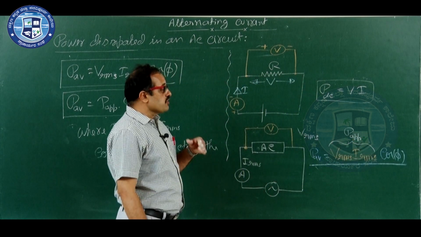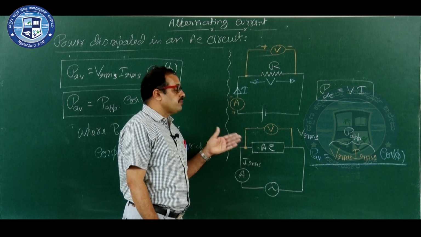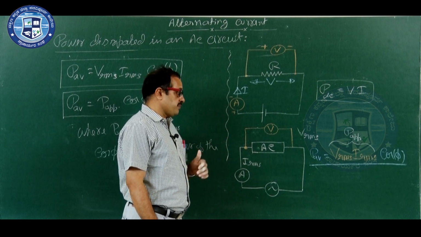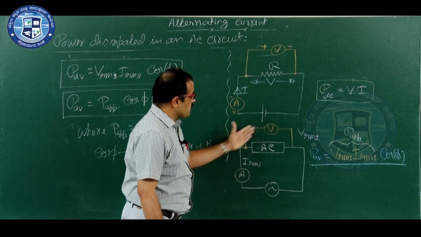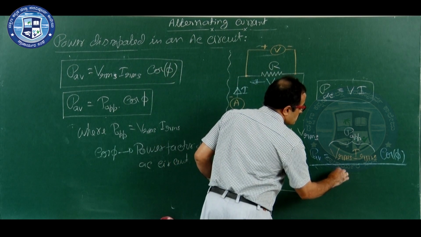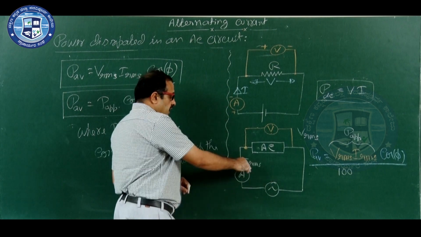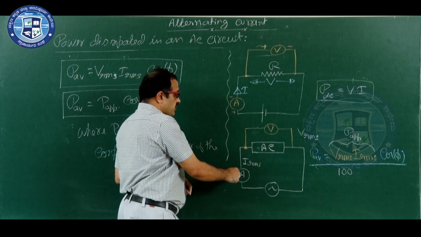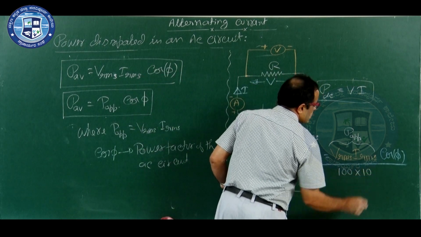Now, who is deciding the actual power consumption? It is not voltmeter reading or ammeter reading, it is cos phi. For example, think that you are doing some experiment here and voltmeter reading is 100 volts and ammeter reading is 10 ampere. Think like that.